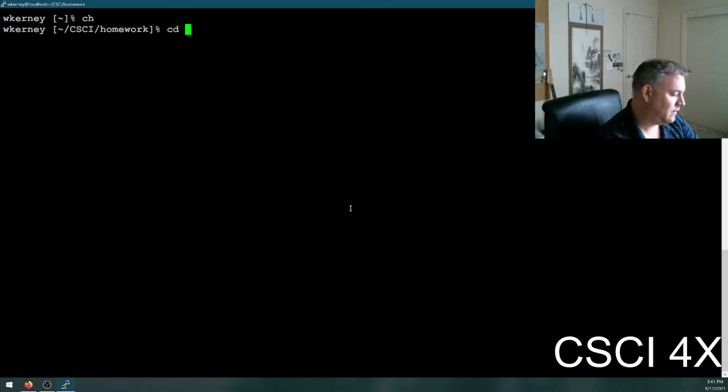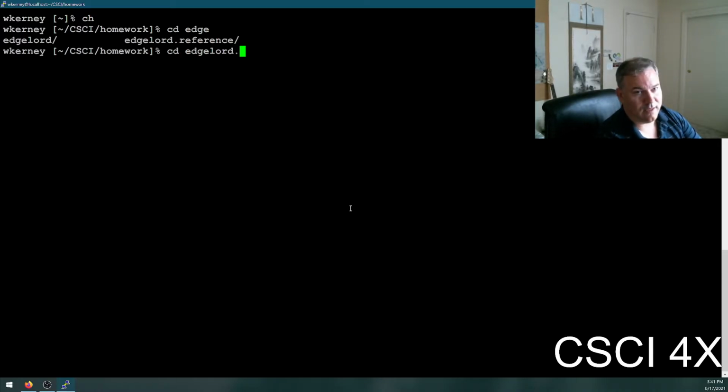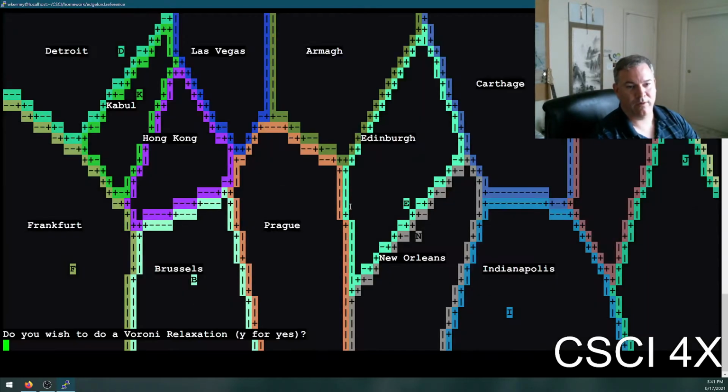We have done things like edgelord, where it will randomly generate maps and things like that. We're going to talk about Voronoi and Dirichlet domains and things like that, so generating a Voronoi diagram using the colors library. That's actually the second assignment in it.